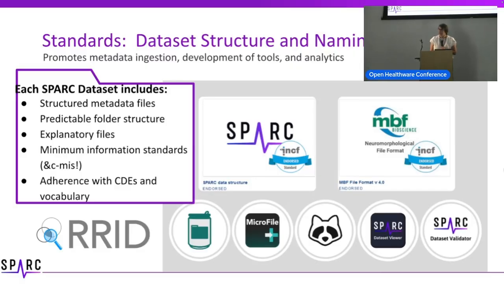We also adhere to common data elements and a controlled vocabulary. This is the part of the project where I work. If you know anything about the human body, you know that there are lots of names used for the same thing.